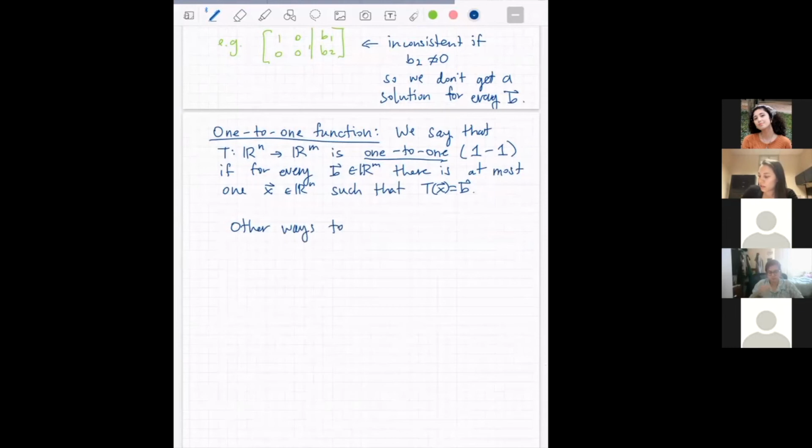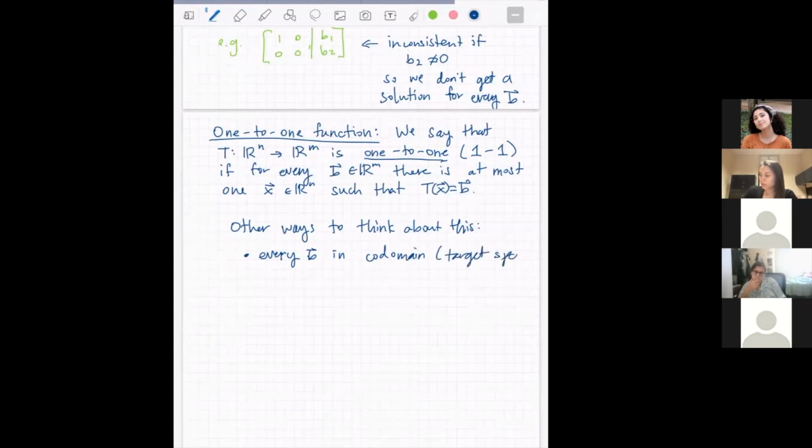Other ways to think about this are: this means that every B in the codomain, aka target space, does not get hit by more than one vector x.